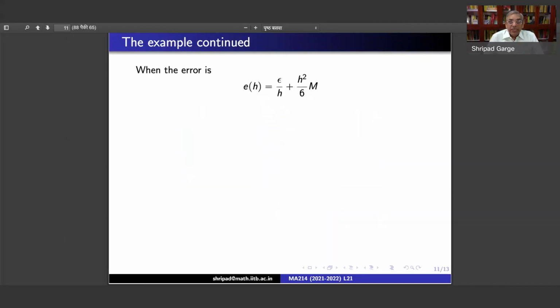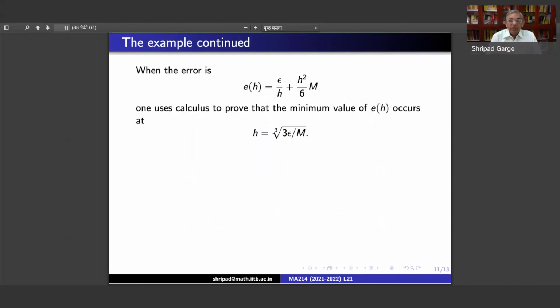So let's see what the error actually looks like. So this is the error, epsilon upon h plus h square by 6 into M. This is the upper bound for the error. We want to see where the upper bound is taking the minimum value depending on the values of h. You will use calculus because it's a differentiable function of h.